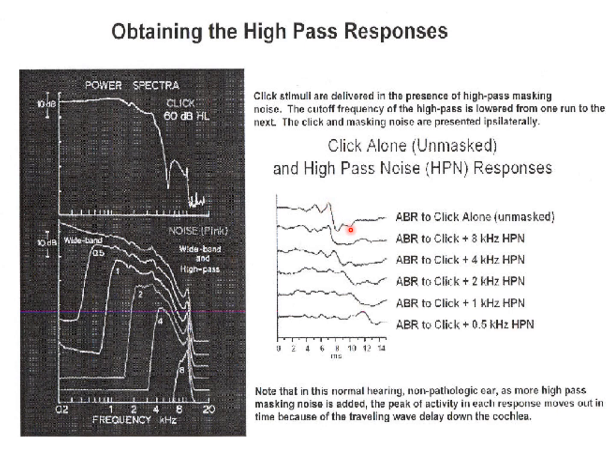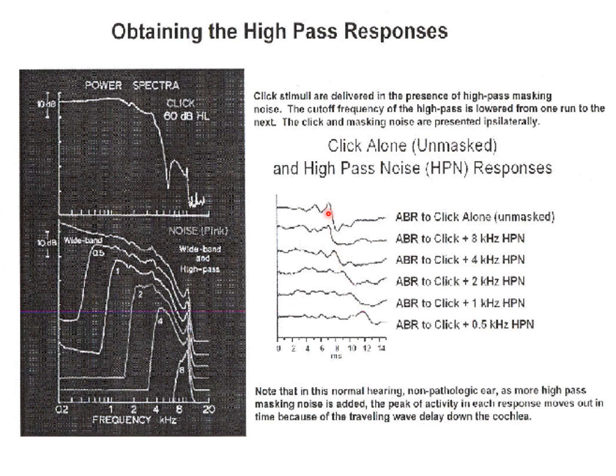And we also have ABR in response to clicks plus high-pass noise with cutoff frequency at 8,000 Hz. We also have another ABR waveform evoked by clicks plus high-pass noise with cutoff frequency at 4,000 Hz, and so on and so forth. We have the high-pass noise cutoff frequency changing from 8,000 Hz decreased down to 0.5 thousand Hz.